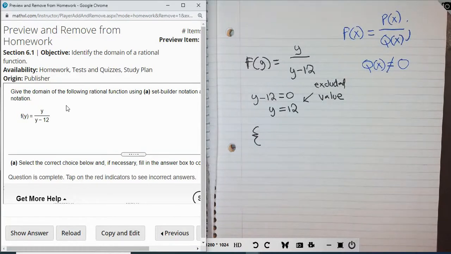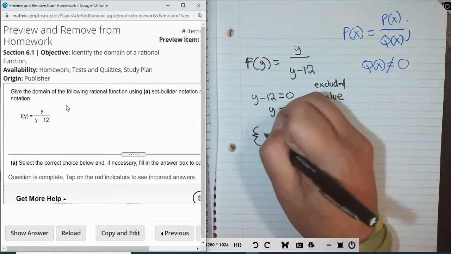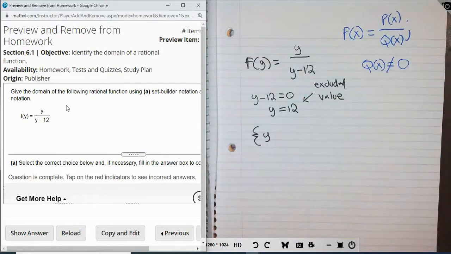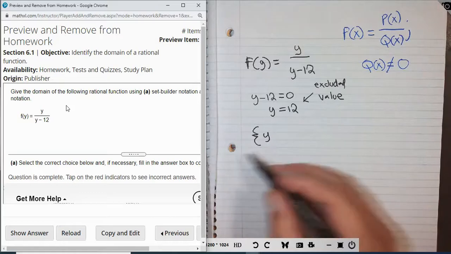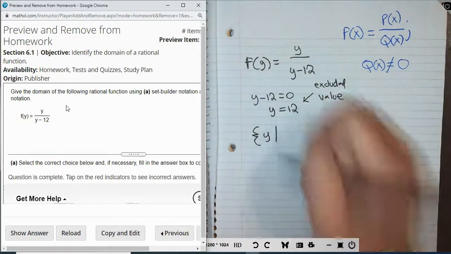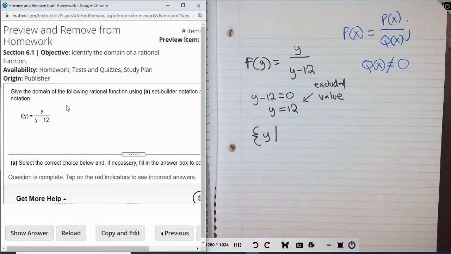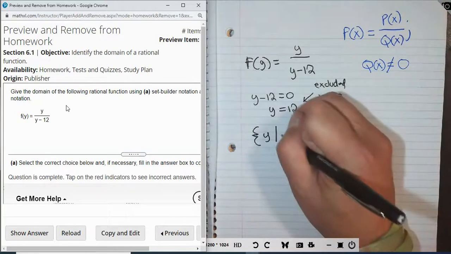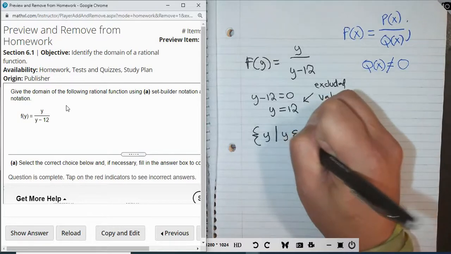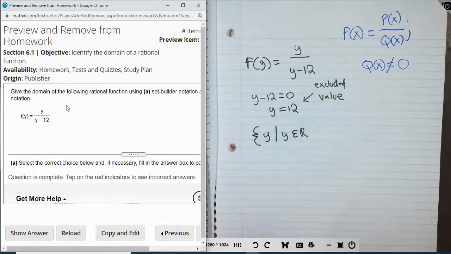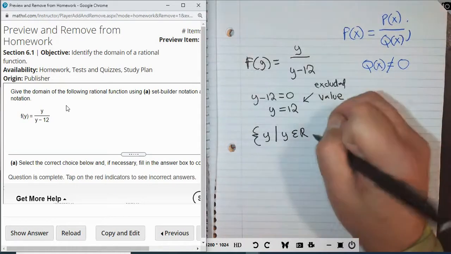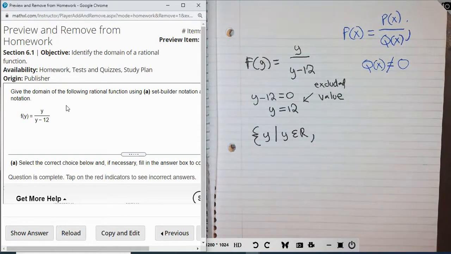So first in set notation, what we would do, we would identify our variable. So what we're saying is the set of all y's, and then we put this bar here, and that kind of means the set of all y's, where y will be a real number, or y is equal to a real number.